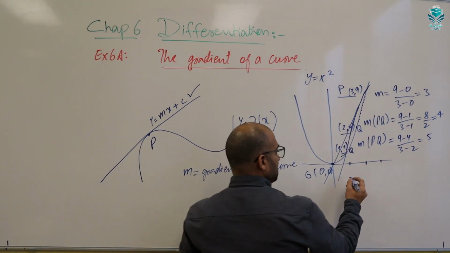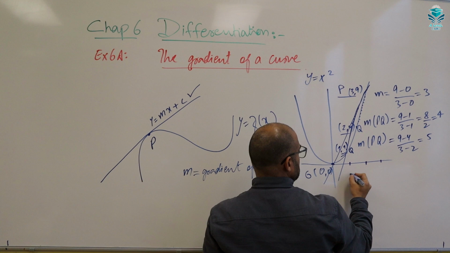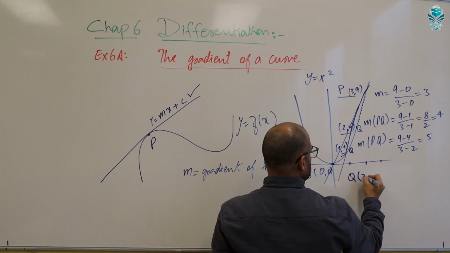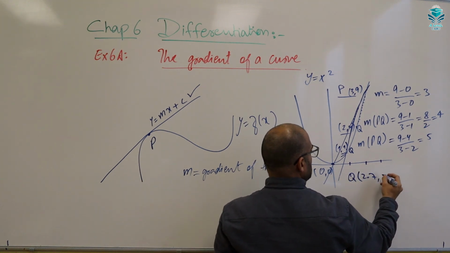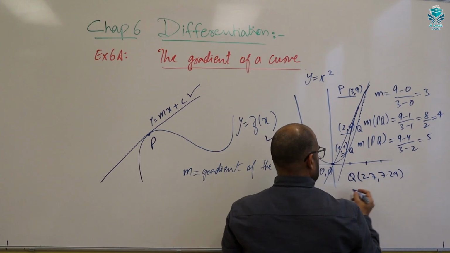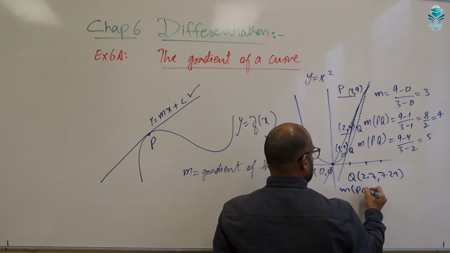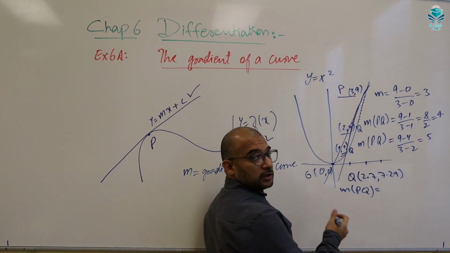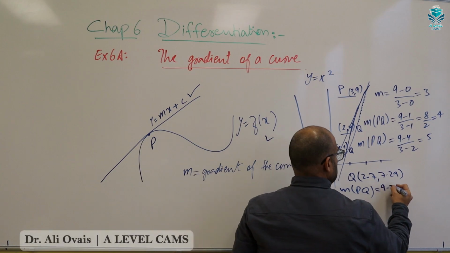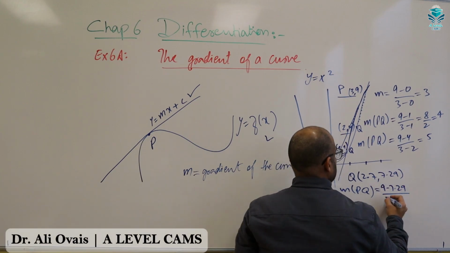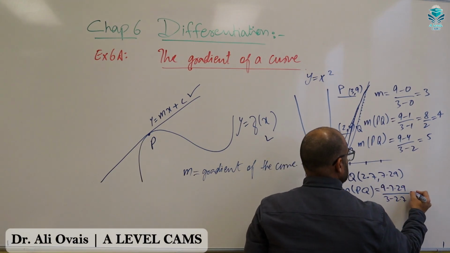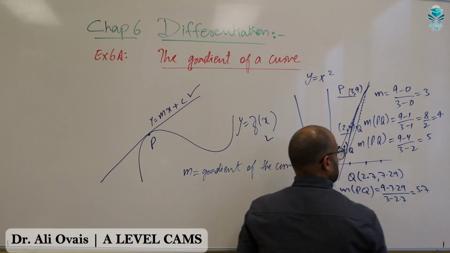If I take a point here, let's say I choose the point Q, which is (2.7, 7.29). Since P is fixed, calculate the gradient of PQ: 9 minus 7.29 over 3 minus 2.7, and you will get 5.7.